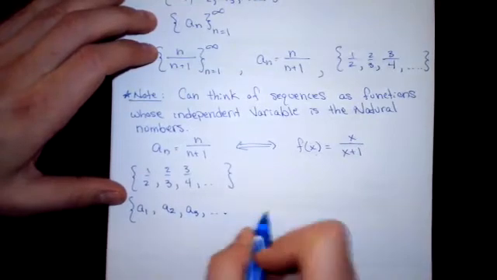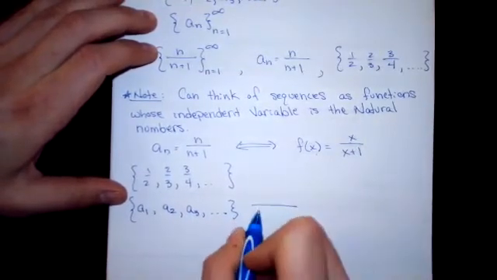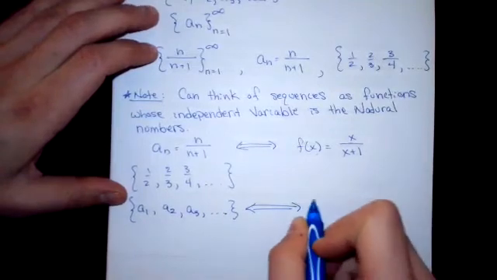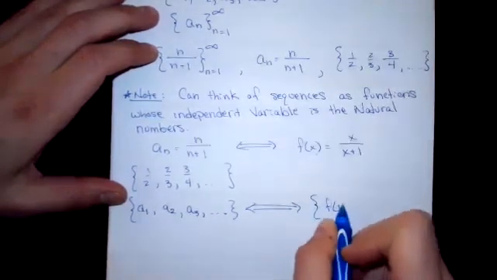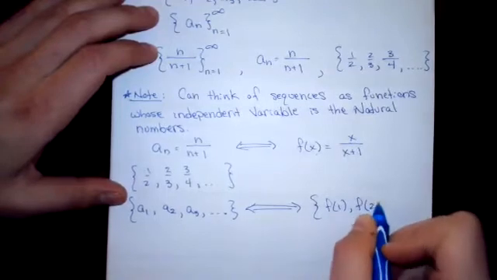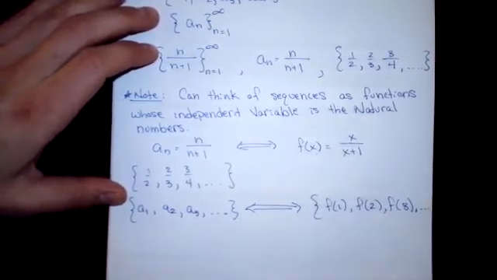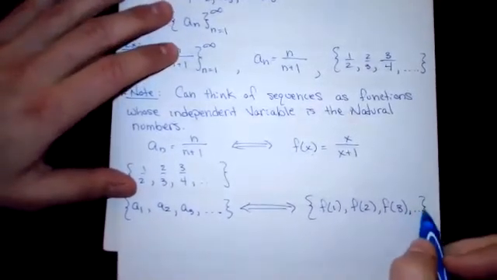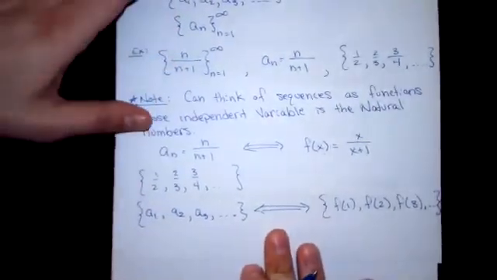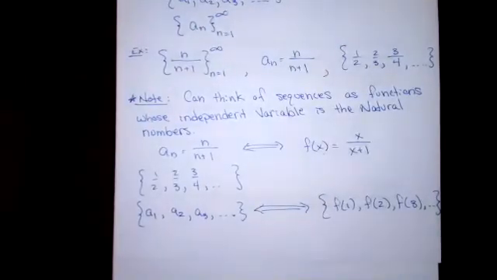This is essentially the same as looking at the list of f of 1, f of 2, f of 3. So when we want to consider things about sequences, we often just want to consider things that we normally are thinking about in terms of functions.